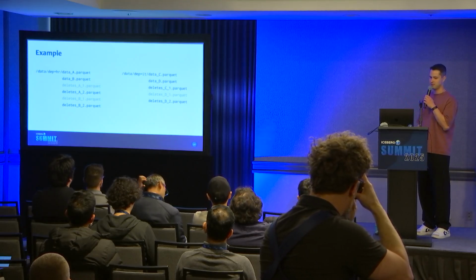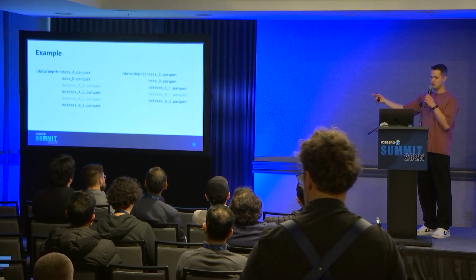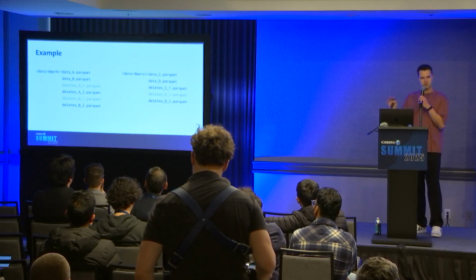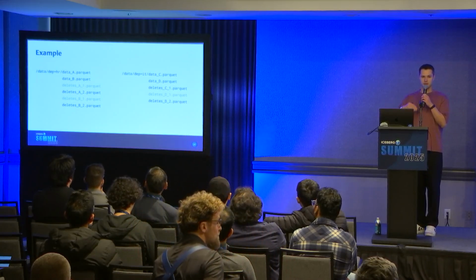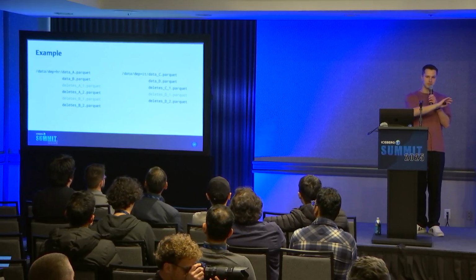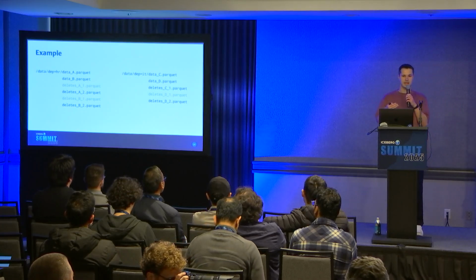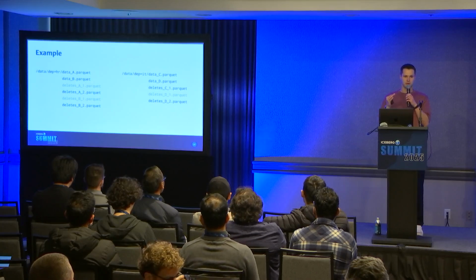In this case, we have another delete file for data A, B, and D. The C still remains the same, and Iceberg would actually remove the previous delete files from the table state. So the next time you read this table, you only have to apply the new version of the deletes.